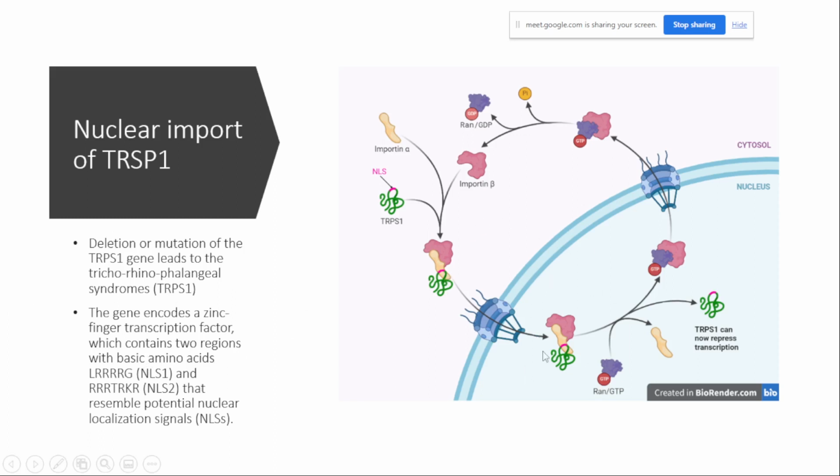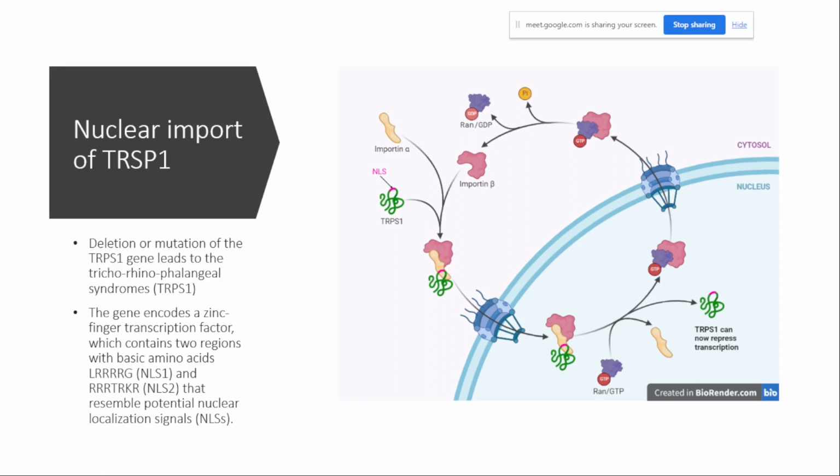So if you block this nuclear import by mutating the NLS sequence, then TRPS1 can't play its role as a transcriptional repressor. As the example is based on TRPS1, I just wanted to give you a short note about it.